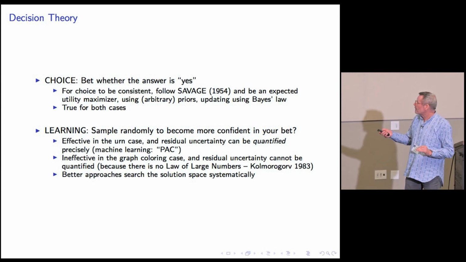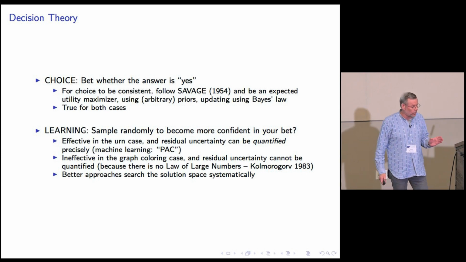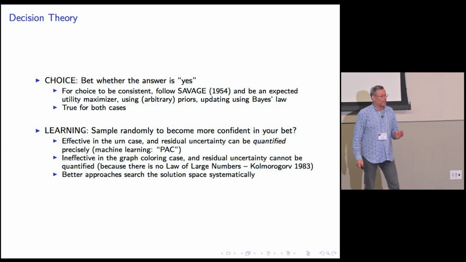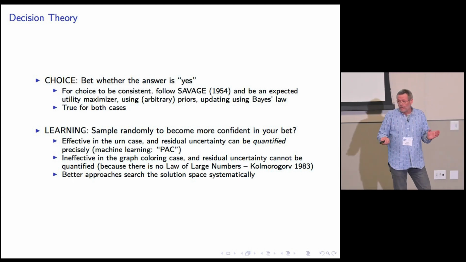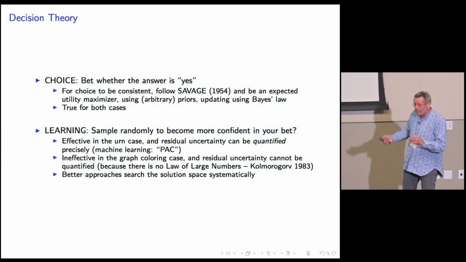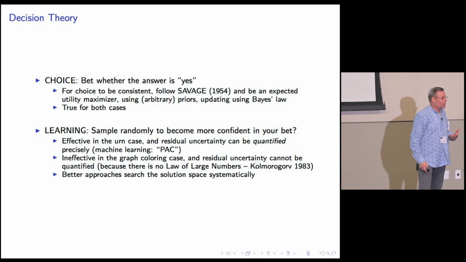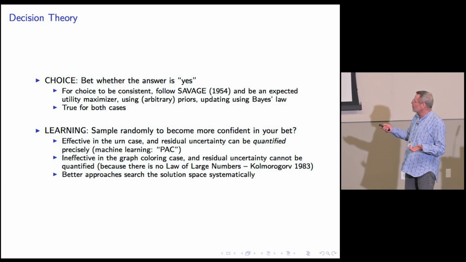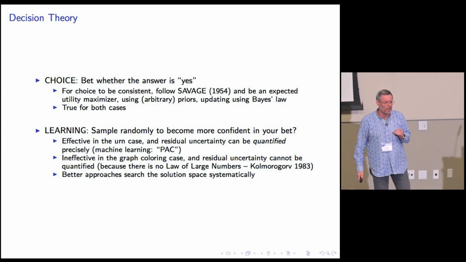Learning is a different matter. The standard way to learn, and this comes also from animal learning, is sampling. You just sample, and you may do importance sampling. That is, you can use your prior to become more informed about what you're going to do, but it's still random sampling. That's very effective in the urn case. And what's really important, and that distinguishes it from the graph coloring problem, is that the residual uncertainty can be quantified precisely.